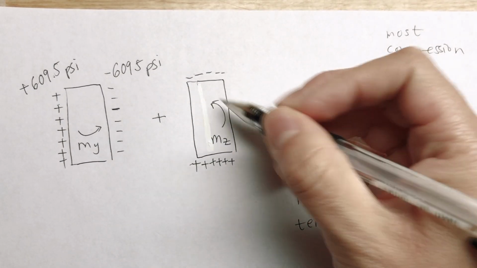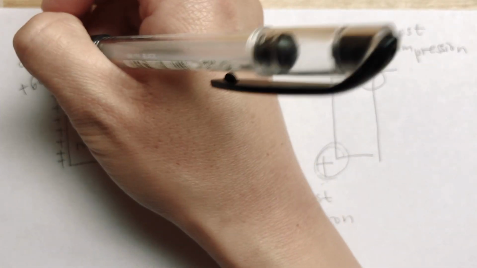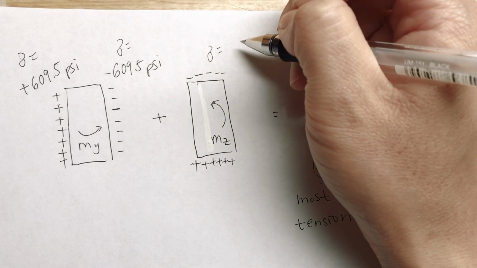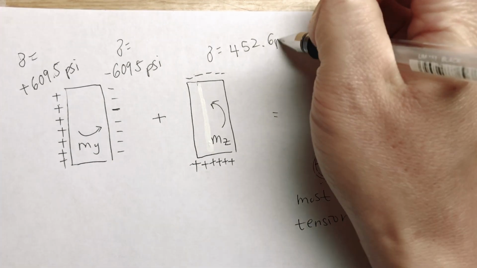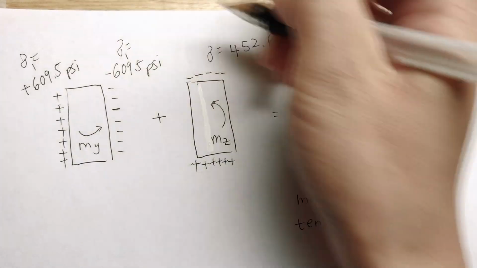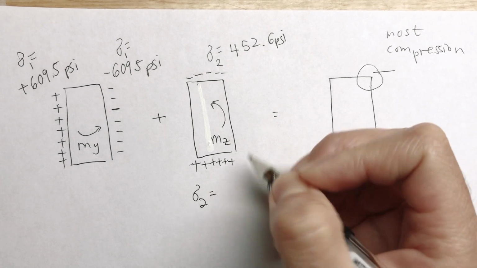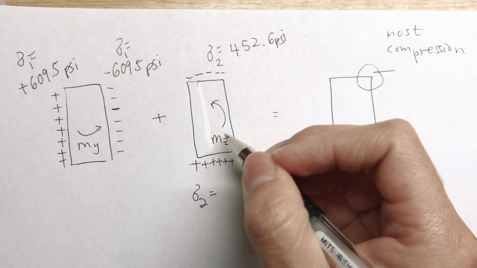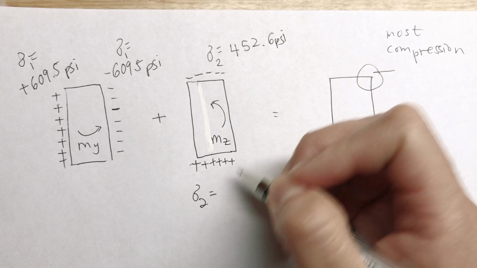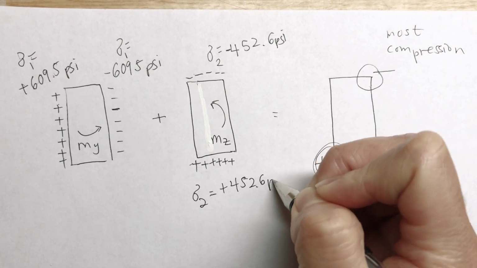The moment about the z-axis is going to cause a stress on the top of negative 452.6 psi, and on the bottommost it's going to be positive 452.6 psi.